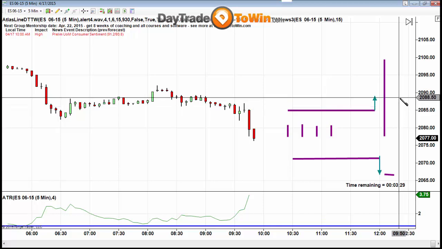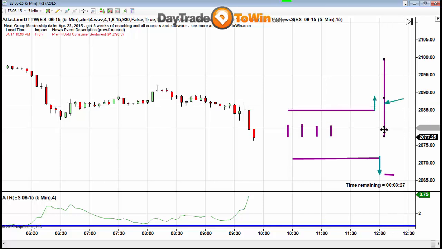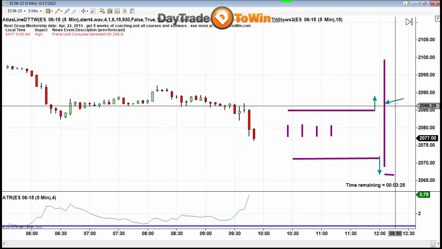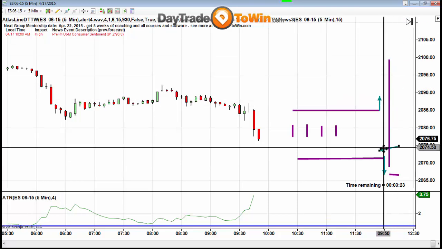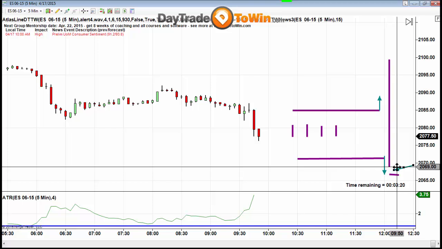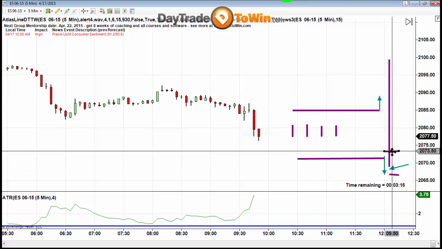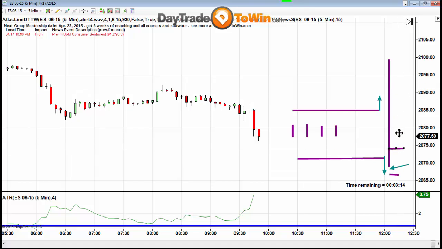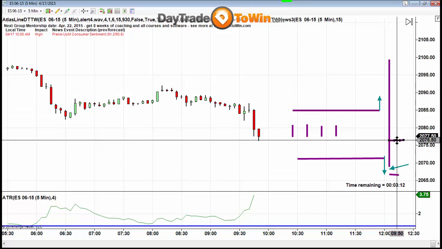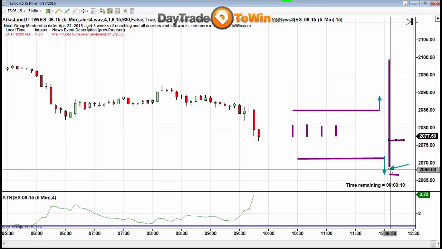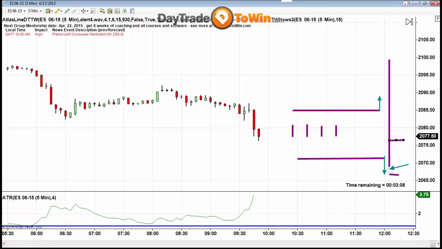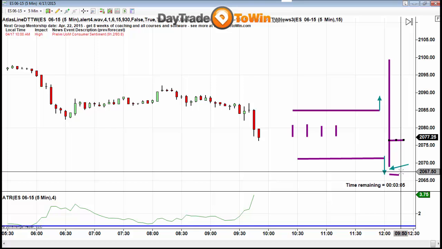And so even though you may have gotten long on this breakout, the candle itself only got you long and didn't continue, and instead turned around and maybe stopped you out, and then you go short. And there's a lot that could happen within this one chaotic candle. The market could fluctuate up and down and up and down. It's a big mess. I've seen it many times, and it's unpredictable.